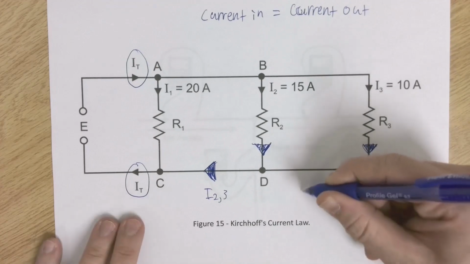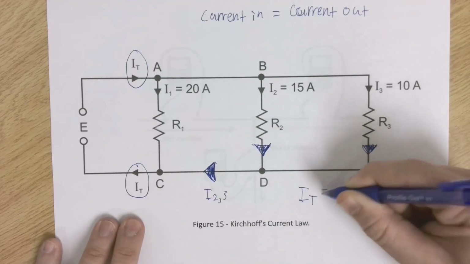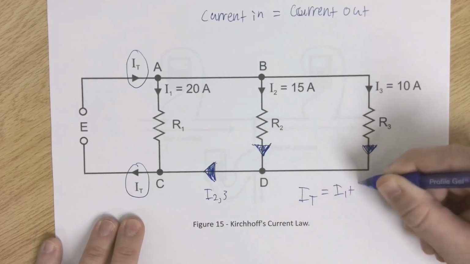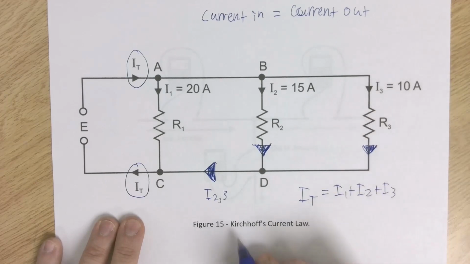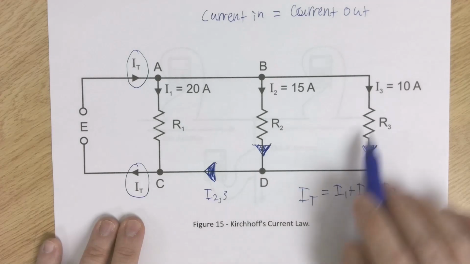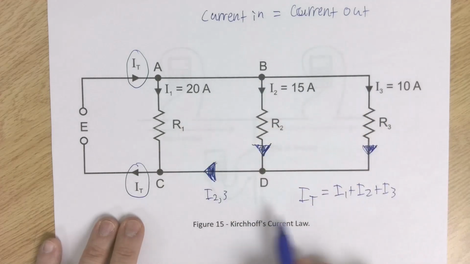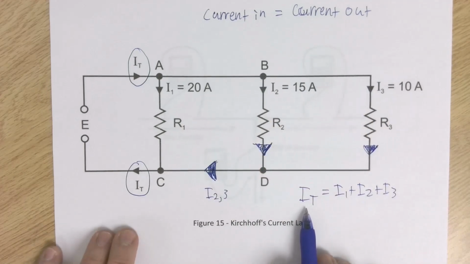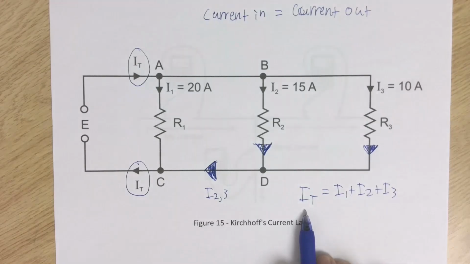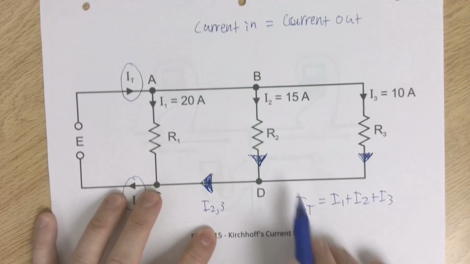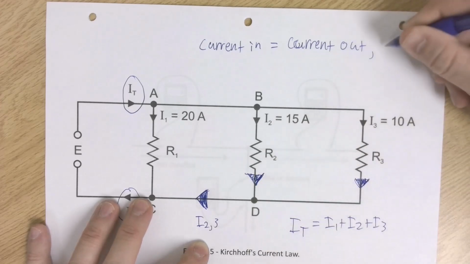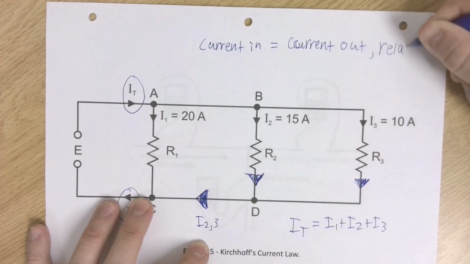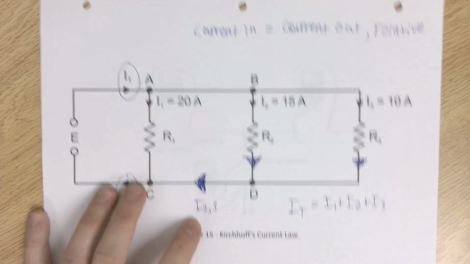I total equaled I1 plus I2 plus I3, but if it's asking about different points in the circuit, it may not be talking about total current. That's why I say it's current in equals current out relative to a junction point, or to the point they're asking about.